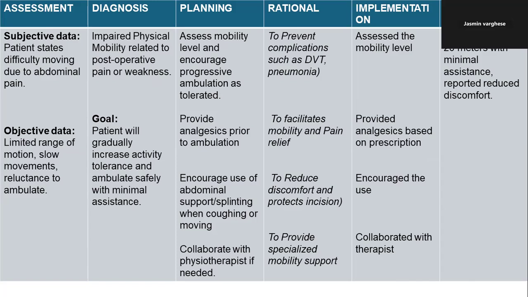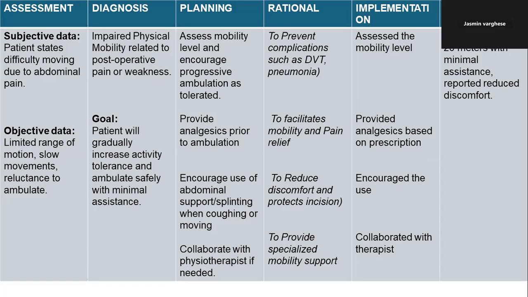Assess the mobility level. Provide analgesics prior to ambulation to facilitate mobility and pain relief. Provided analgesics based on prescription. Encourage the use of abdominal support like splinting when coughing or moving to reduce discomfort and protect incision.